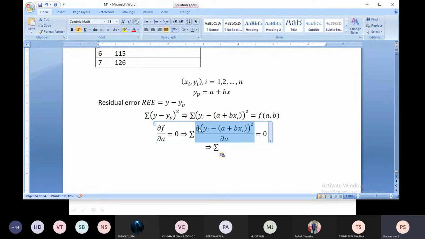So then what is the derivative of (A plus Bx) whole square with respect to A? So 2 into (A plus Bx), right?